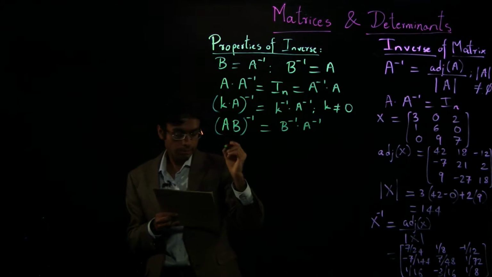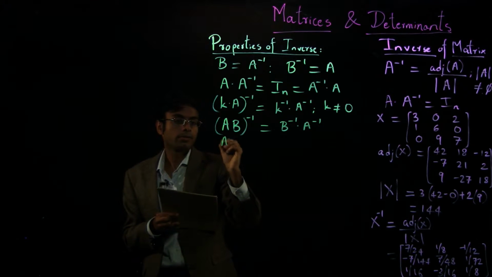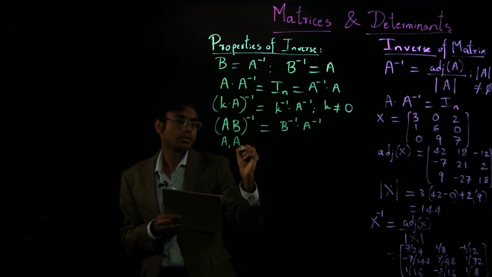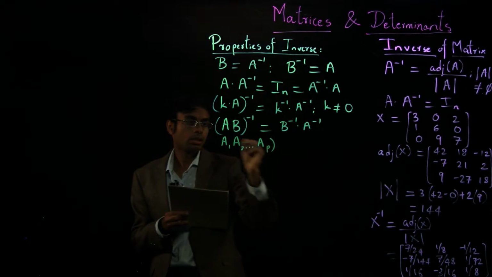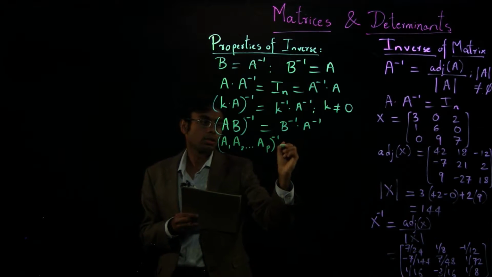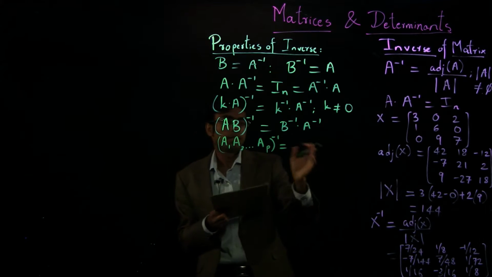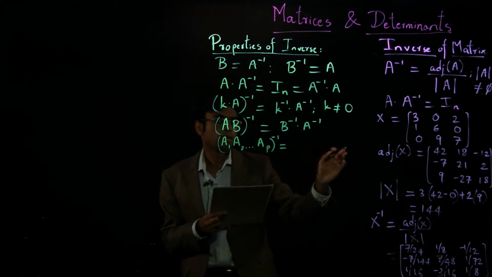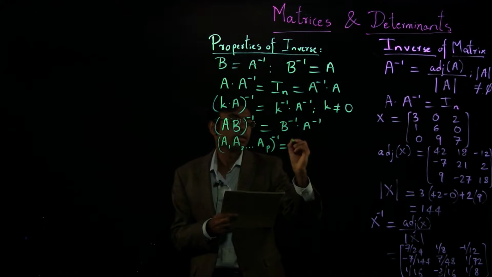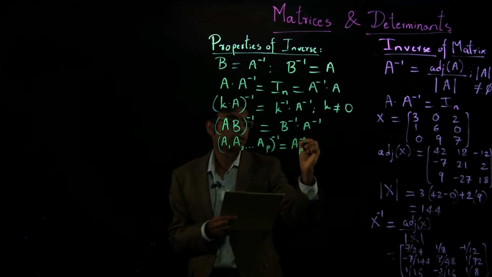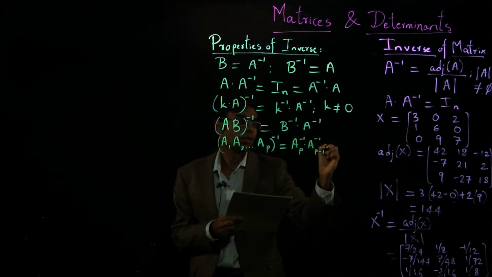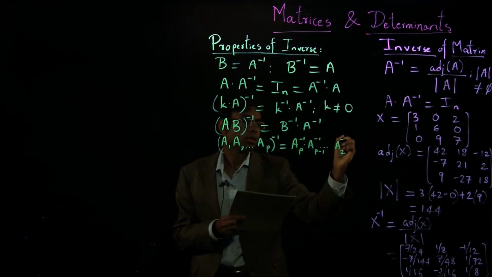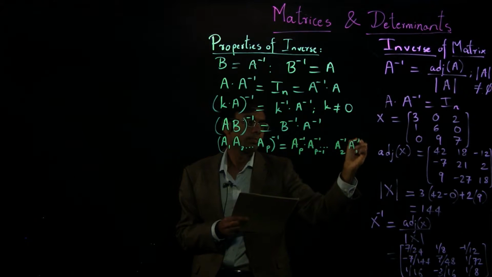And for the more general case, if you have many such matrices, A1, A2, all the way through AP inverse, then in the inverse form the order is reversed. So it will become AP inverse times AP minus 1 inverse all the way to A1 inverse.